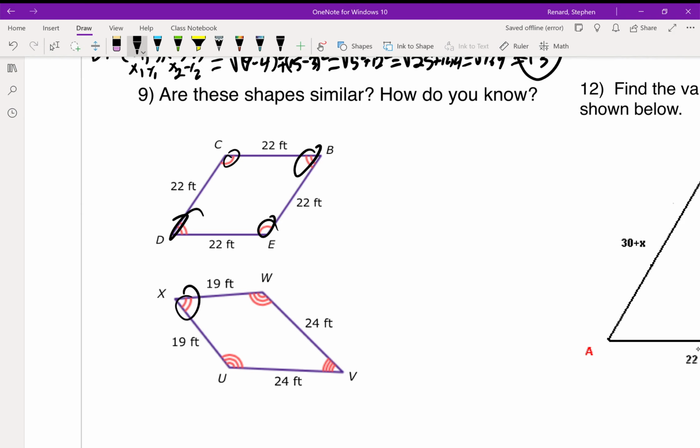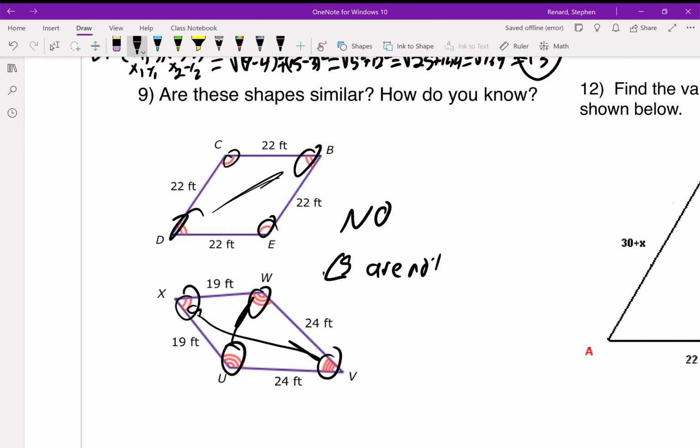Notice that these angles don't match up. These aren't the same as these two. So how do we know? Angles are not congruent.